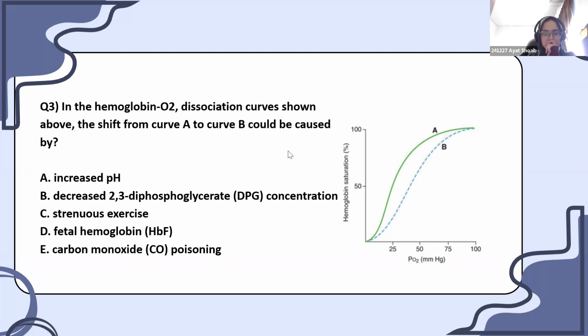Okay, this one. In the hemoglobin O2 dissociation curves, the curve from A to curve B could be caused by, why does it move from here to here? Why does it shift to the right? B for this one?